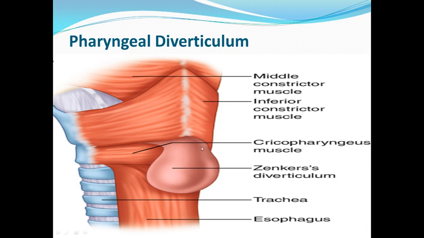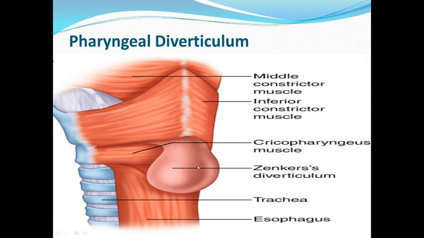Some animals में ये normal होता है, जैसे pigs की बात करें. But in human beings, this diverticula is not normal, and these diverticula are formed basically due to neuromuscular incoordination in this Killian's dehiscence region, due to which there will be this diverticular formation, and sometimes food or water will be pushed back into this diverticula.